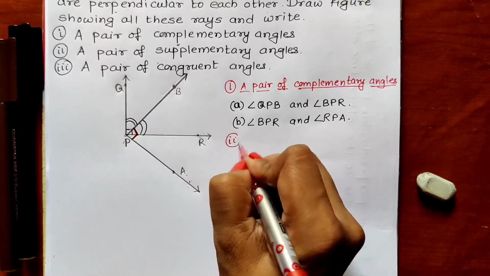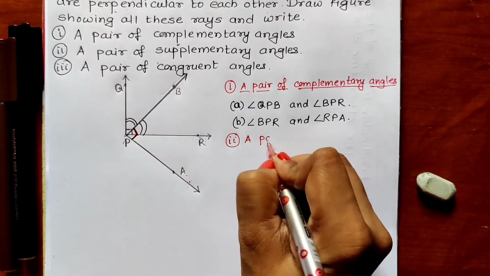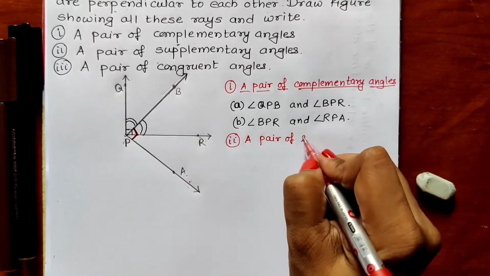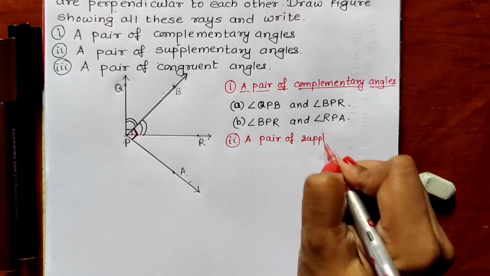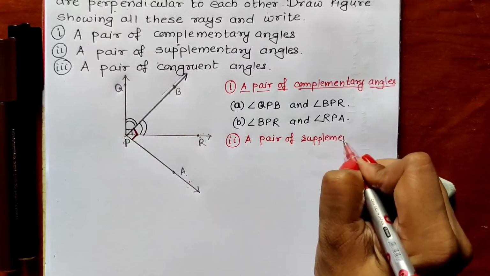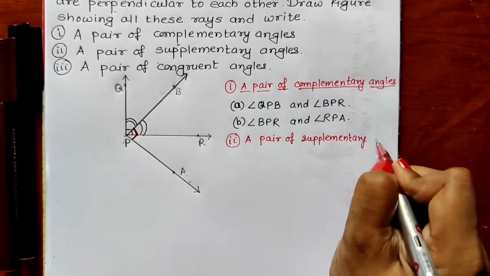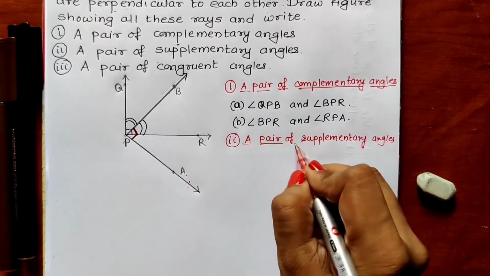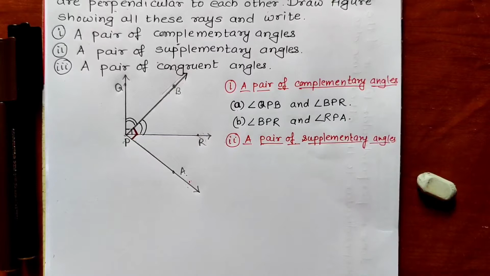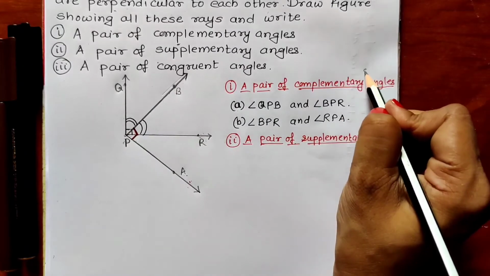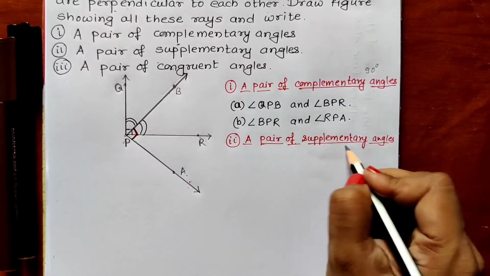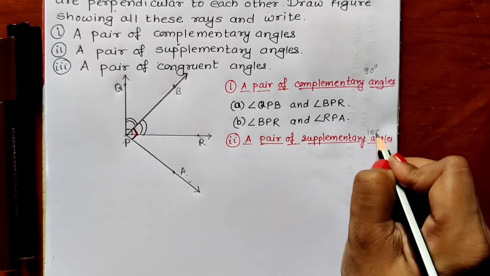Now the second one is a pair of supplementary angles. As complementary angles are two angles whose sum is 90 degree, supplementary angles are two angles whose sum is 180 degree.